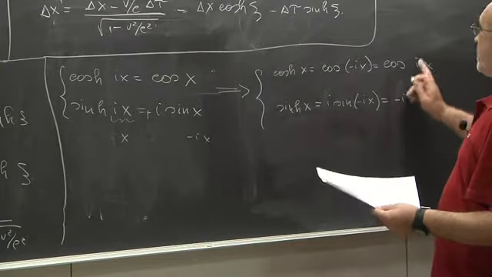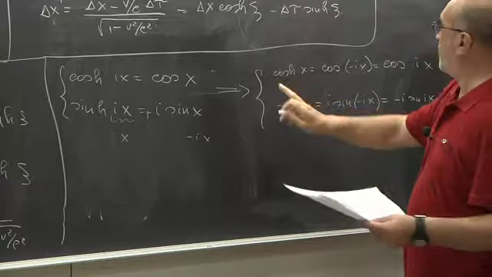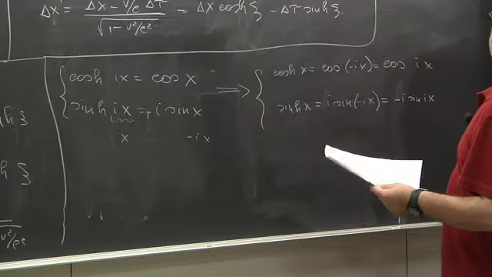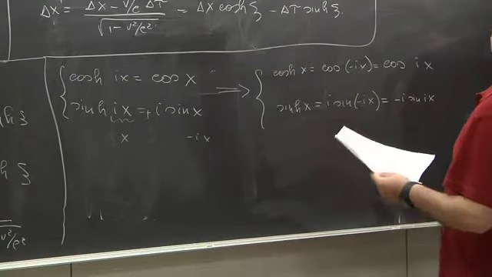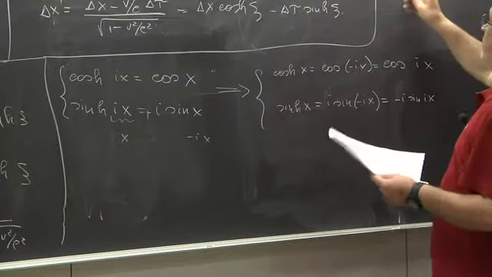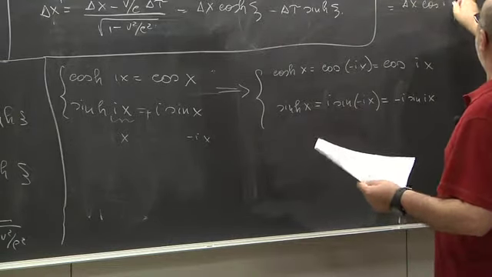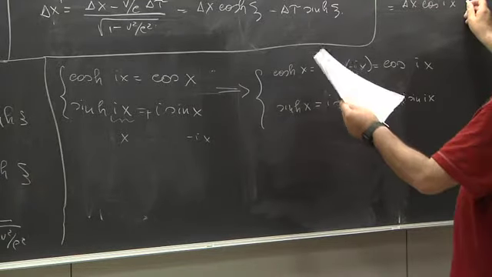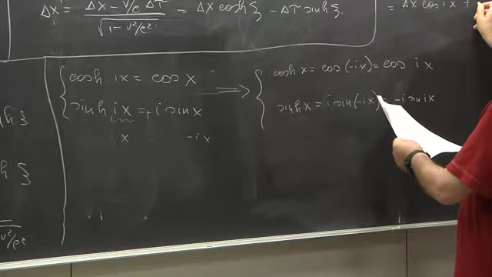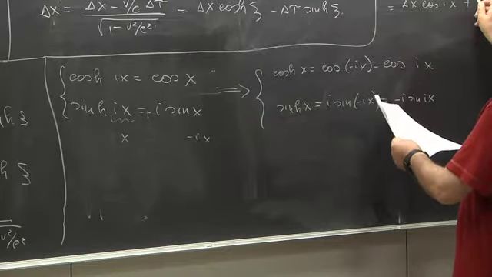For me, what is important is just this, because now, look what we get. We get delta tau. Instead of cosine, we put cosine Ix, minus delta x, and here I put a plus I sine Ix, and then I have for this one equal delta x cosine Ix, and then I have minus, so I get plus I. There is something wrong, but okay, it's a problem of sign.